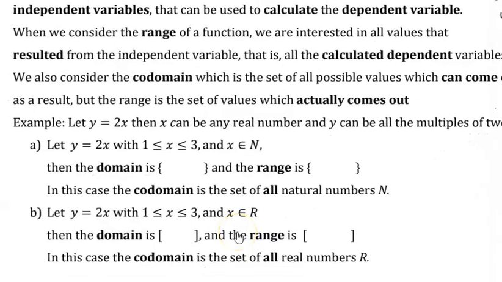If I look at y equal to 2x, x can be any real number and y can be all the multiples of 2. First of all, let us put a restriction on the x values here.